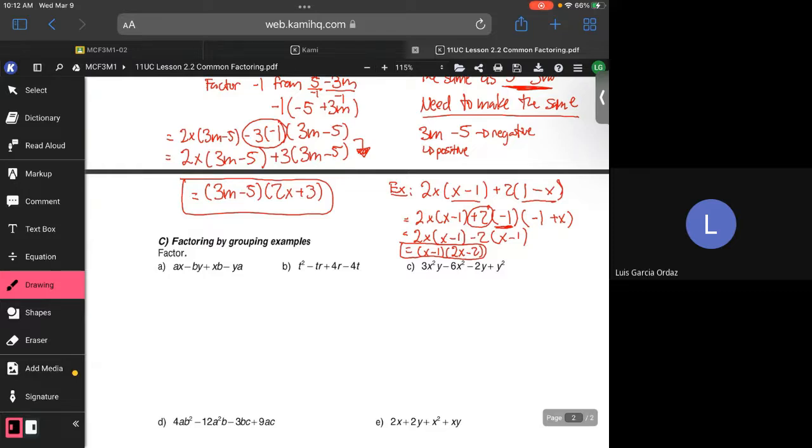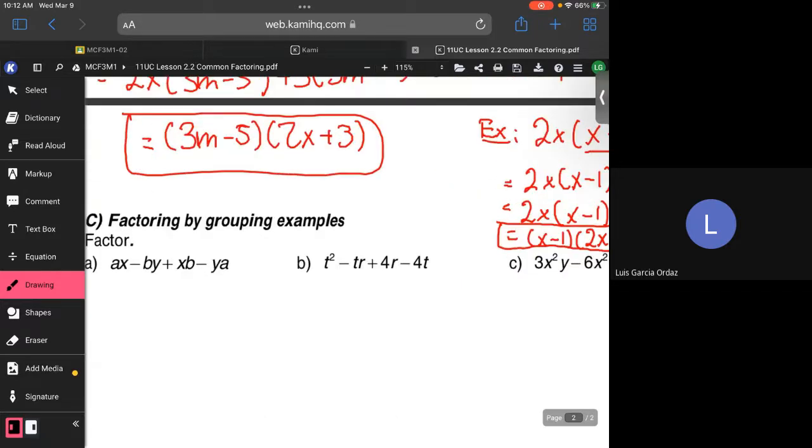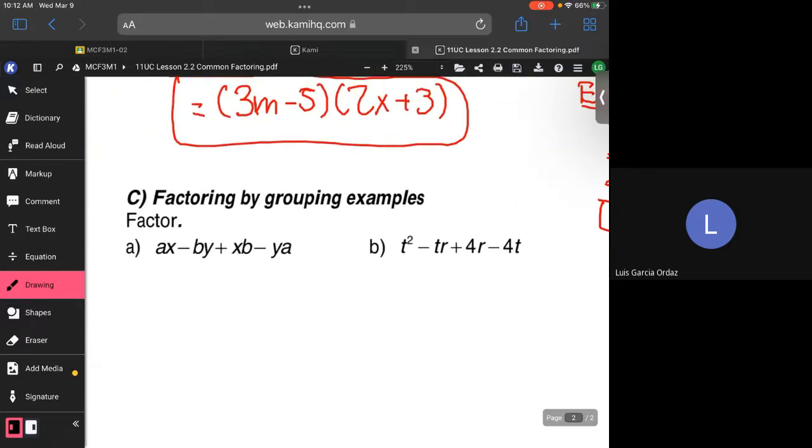The first one's a bad example because it's not already organized for you. So I either want to get the x's together beside each other and the y's together beside each other, or the b's and vice versa. So I can technically rewrite this as ax plus xb minus by minus ya.